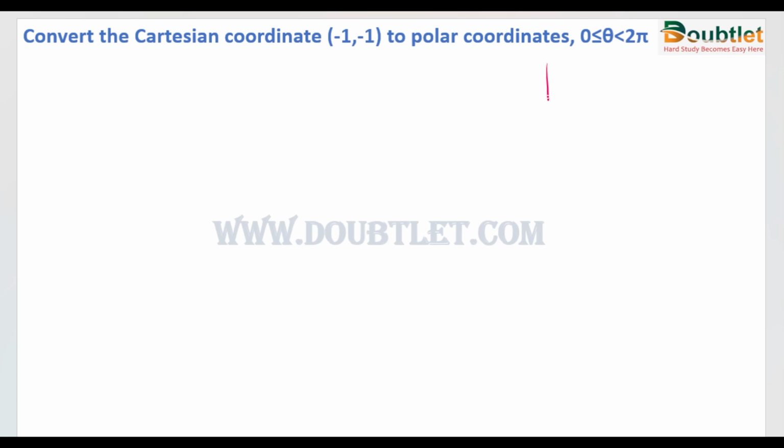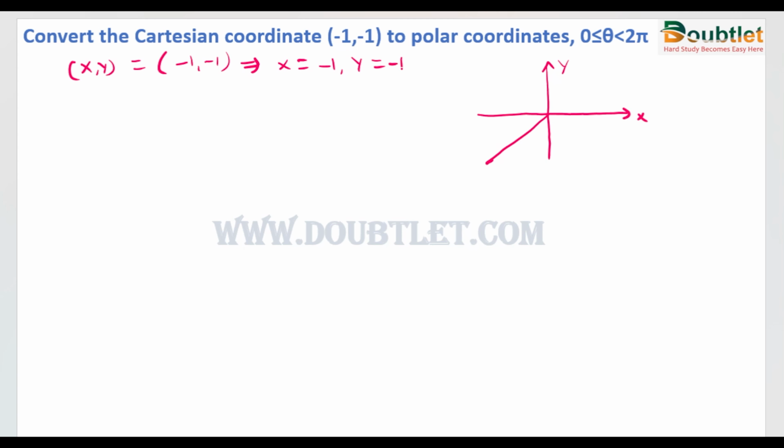So again we need to draw the Cartesian plane. This is the x-axis and this is the y-axis. So if we draw this point, first let us equate this. So x comma y is equal to -1 comma -1. If we equate both sides, we get x is equal to -1, y is equal to -1.